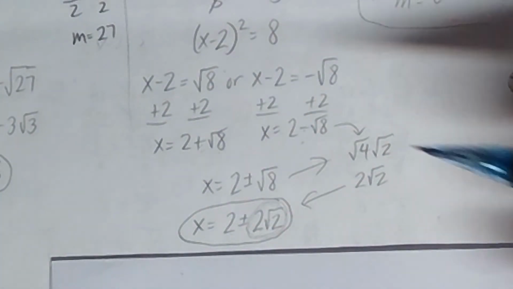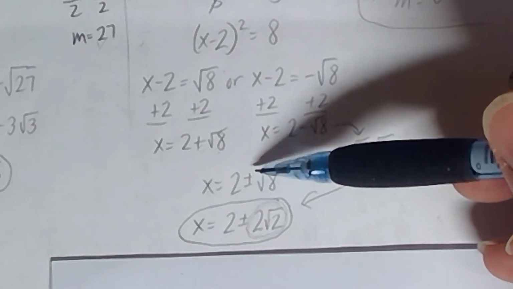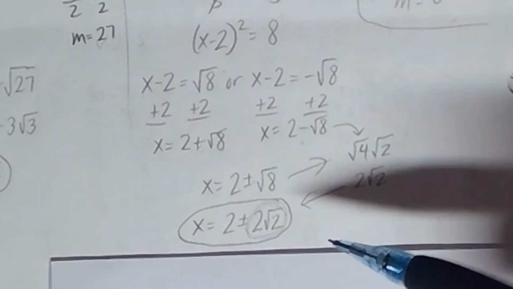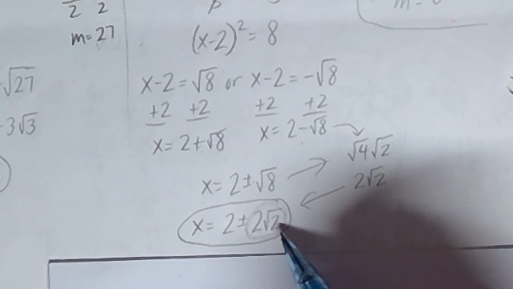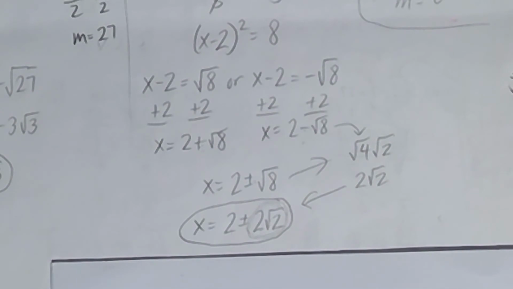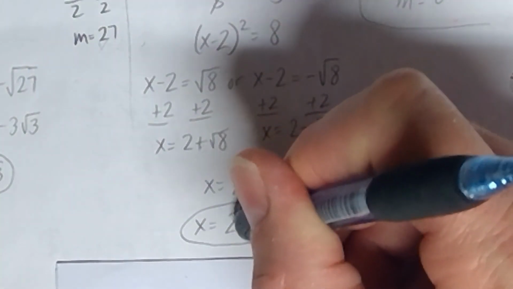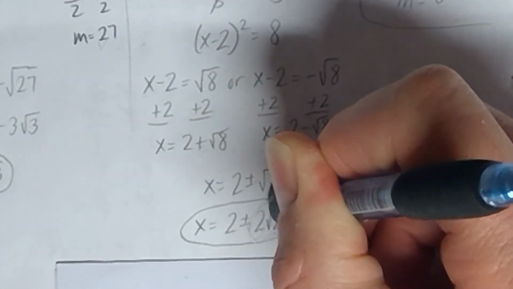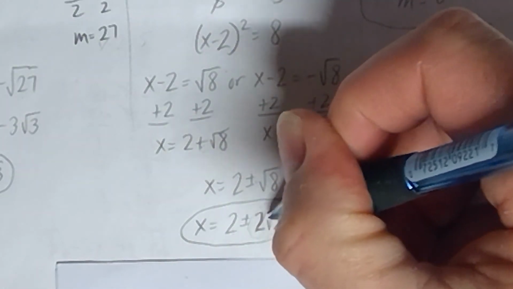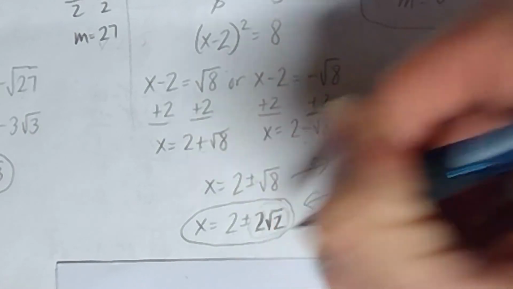Like I said in the last problem, it doesn't matter which one you do first. I put the plus and minus in there first, then I simplified the radical. Either way, you end up with the same answer. 2 plus or minus 2 rad 2. You don't need to circle the 2 rad 2 right there. Just circle the whole thing. 2 plus or minus 2 rad 2.